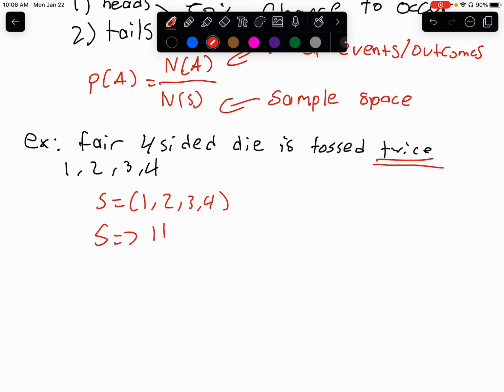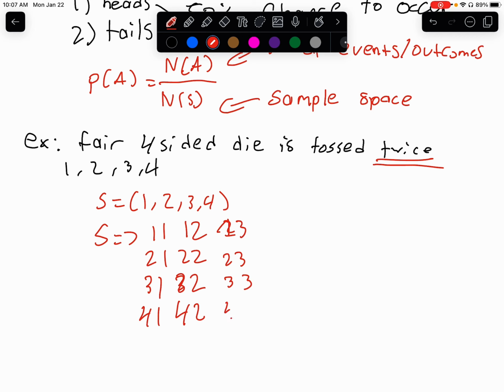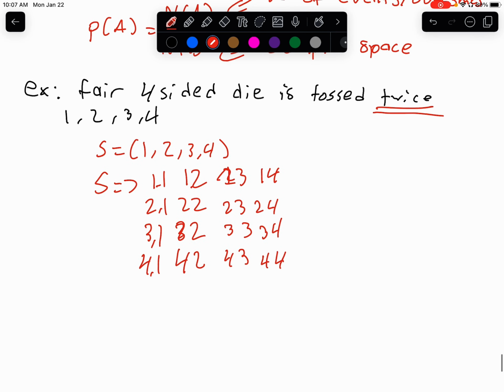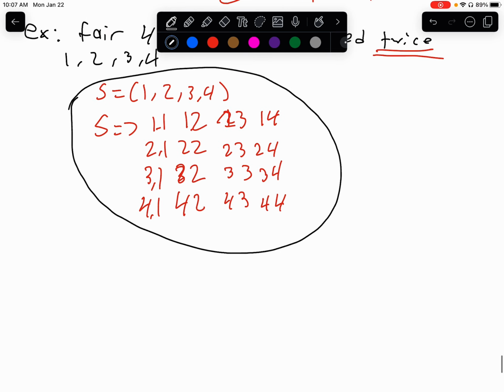So the sample space includes (1,1), (2,1), (3,1), (4,1), and (1,2), (2,2), (3,2), (4,2). Then we have (1,3), sorry, I apologize, (2,3), (3,3), (4,3). And then we have (1,4), (2,4), (3,4), and (4,4). So these are all the pairs of what can occur, and we have all of our sample space defined. So we can have event A.